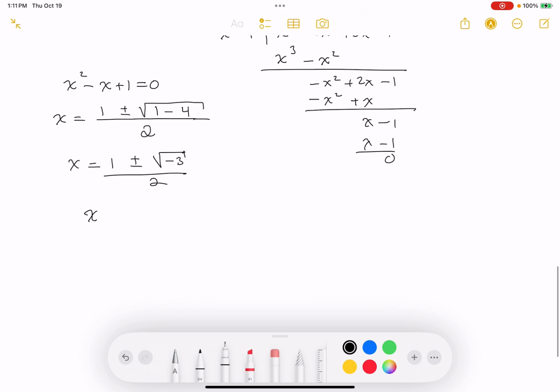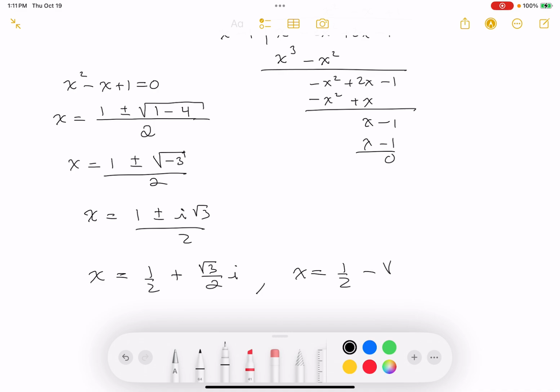Let me keep on with this one because I have to write it down as a complex number, right? So 1 plus or minus i root 3, over 2. So I'm going to write the 2 answers down now: x equals 1/2 plus root 3 over 2 i, and the other one is x equals 1/2 minus root 3 over 2 i. And we found all 5 roots, by the way.